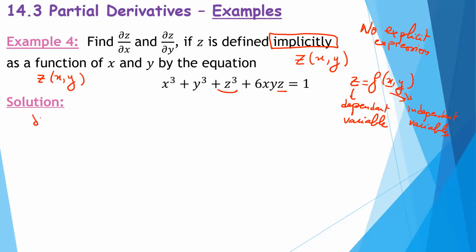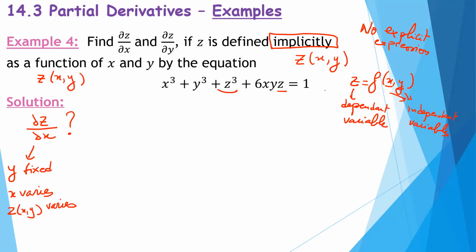So here for dz with respect to x, only y is fixed. X varies and z as a function of x also varies. So how do we obtain dz with respect to x?